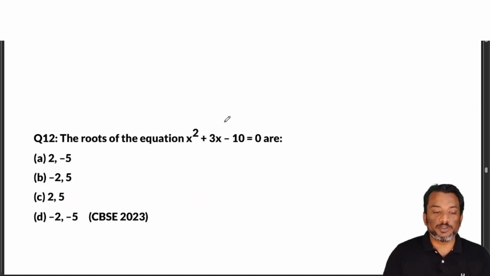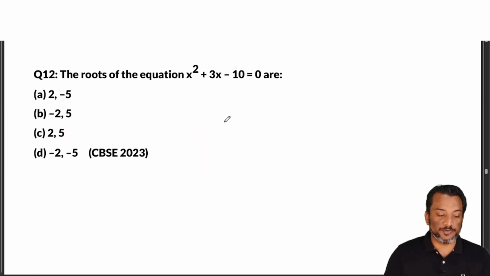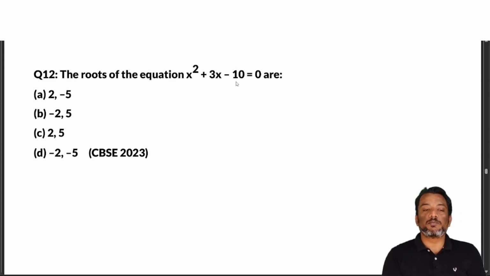Now, the next question is an MCQ. It is saying the roots of the equation x square plus 3x minus 10 is equal to 0. So based on that, here you can find the roots. Either you can use the quadratic equation formula or you can use the splitting of middle terms.